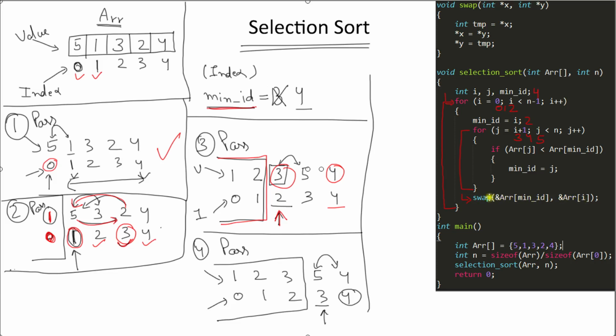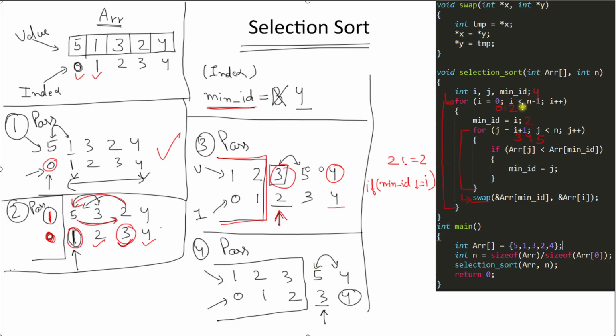So in that case, you should put this swap function inside an if statement: minimum ID not equal to i, then only you perform that. In our case it will be 2 not equal to 2, which is false, so we will not call this swap. So we'll save one extra swapping, and this is how this whole execution will go.